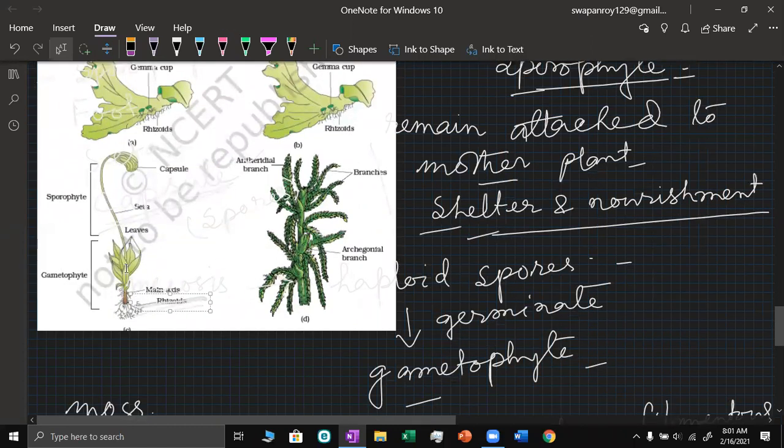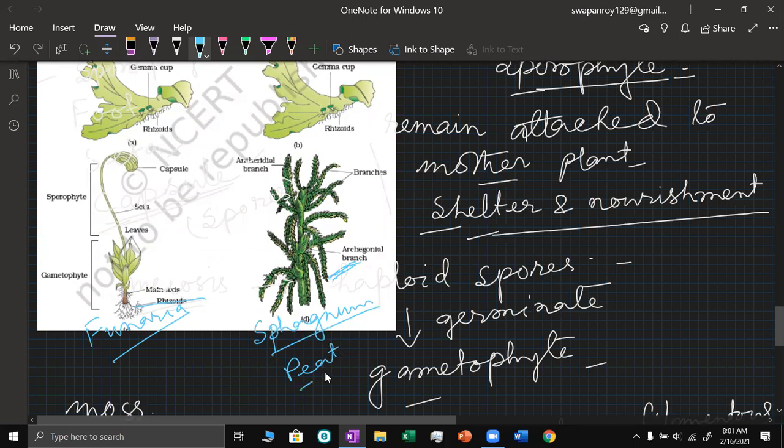This one is Funaria, the common moss, and this one is Sphagnum, another moss which grows usually in damp soil or in water, and keeps on growing for a long time indefinitely, and forms a structure called bog or peat.